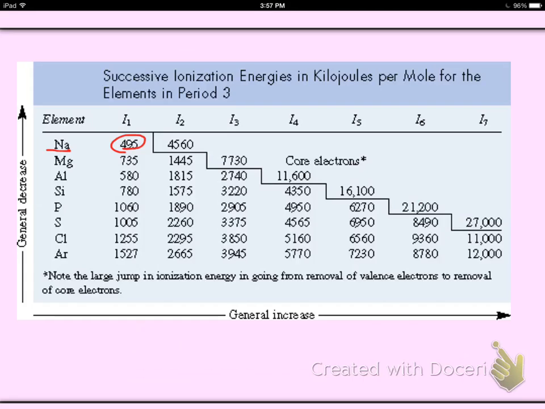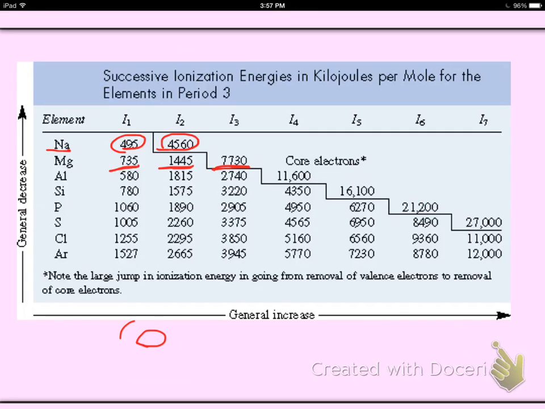It jumps up almost a factor of 10 to 4,500 kilojoules to remove the second electron, because now I'm pulling it off a noble gas. Magnesium, here I have first electron, second electron's about double that, but it's about a factor of 6 or 7 to take off the third, and that is because, again, I am pulling off what's called the core electrons.